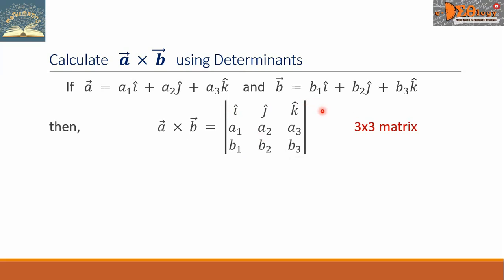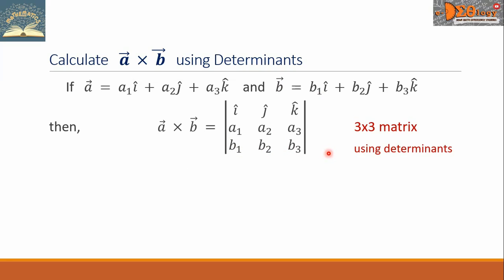The first row has the elements for the components i, j, and k respectively. The middle row has the coefficients of vector A: a sub 1, a sub 2, a sub 3. The last row has the coefficients for vector B: b sub 1, b sub 2, b sub 3.